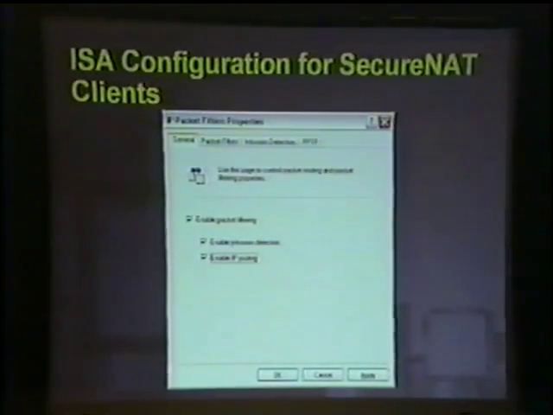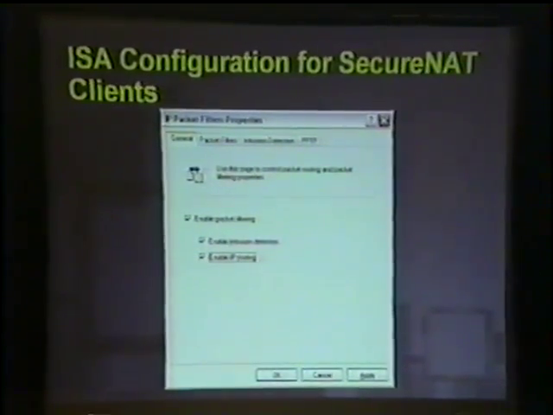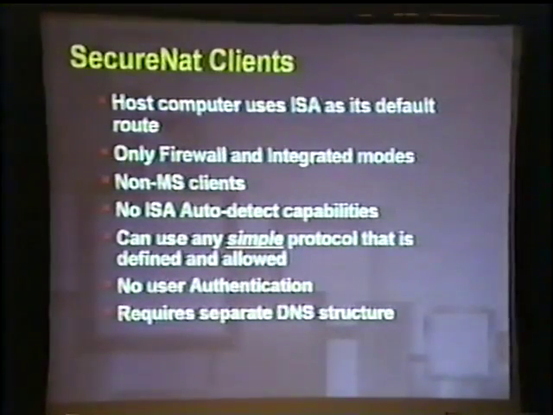How come I can't ping a server on the internet? How come my trace routes don't work? It's because you haven't enabled IP routing on the ISA server. Why? Because PPTP requires GRE, IP protocol 47, and trace route and ping require ICMP, non-TCP, non-UDP protocols.